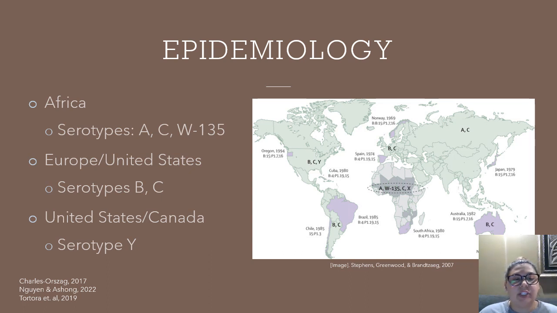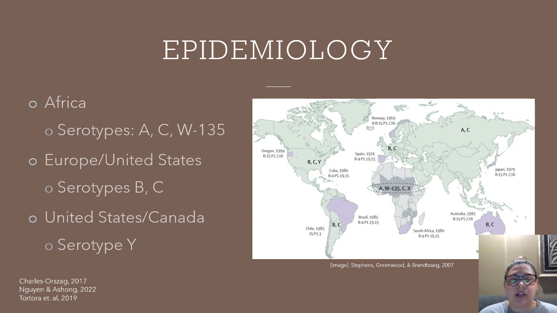In arid regions of Africa and Asia, dry air causes the nasal mucous membranes to become less resistant to bacterial invasion, contributing to the widespread epidemics of serotype A and C, and to a lesser extent serotype W135.